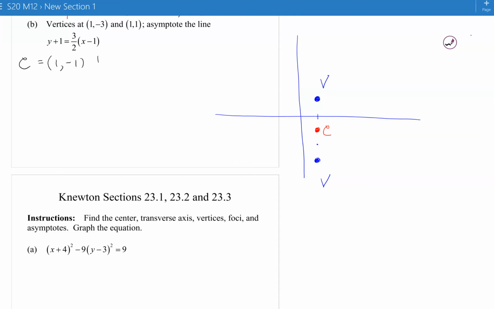And we know that the transverse axis is vertical because of the way the vertex, center, vertex are aligned. That transverse axis has to be vertical. So that means the y squared term comes first.